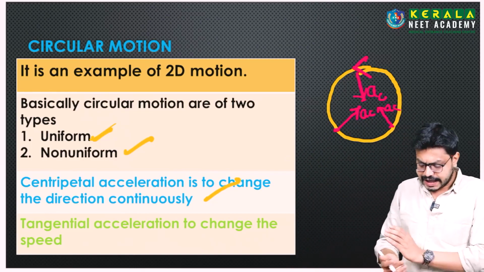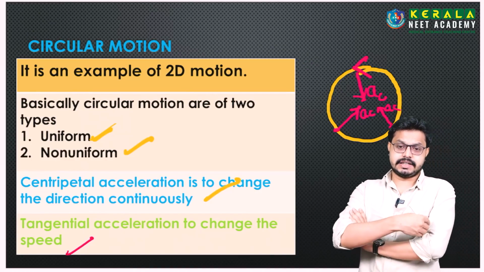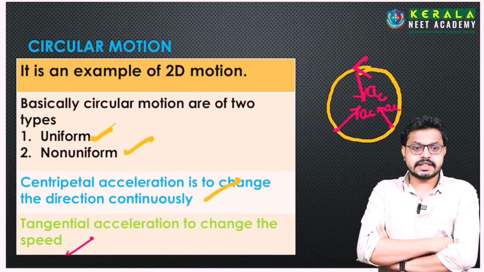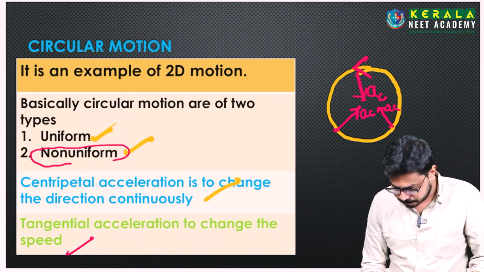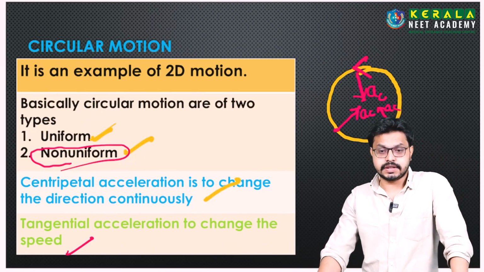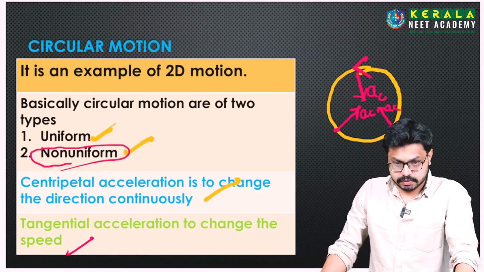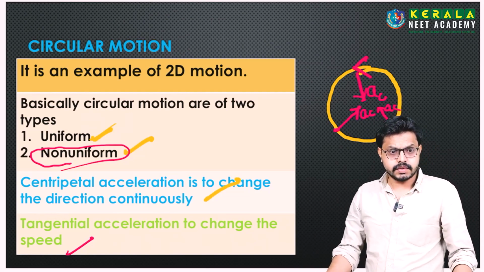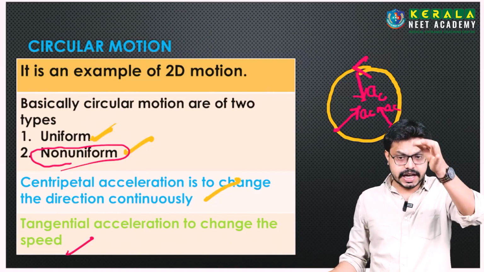There is another type of acceleration, the tangential acceleration, which we will discuss. Tangential acceleration happens only in the second type of circular motion, non-uniform circular motion. So what is centripetal acceleration? The acceleration acting towards the center.